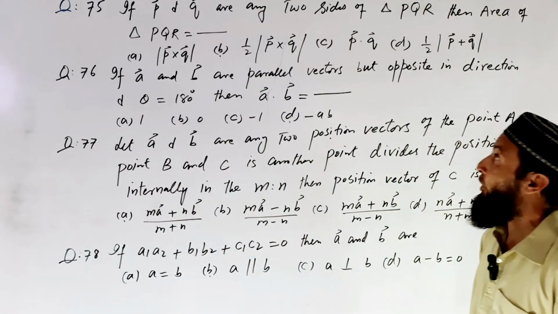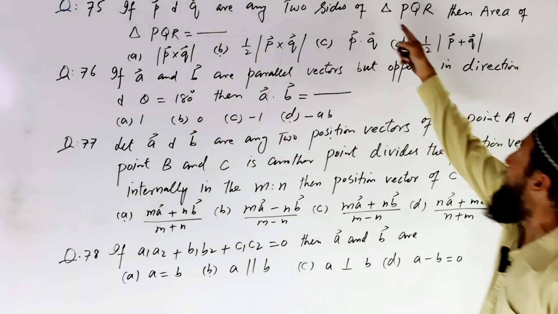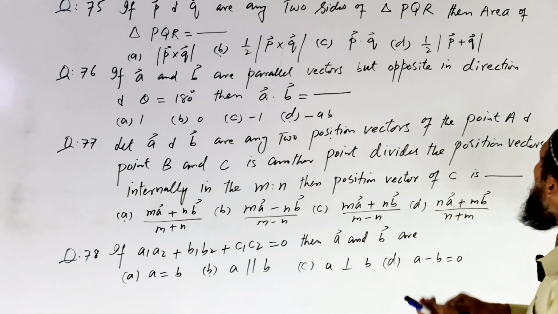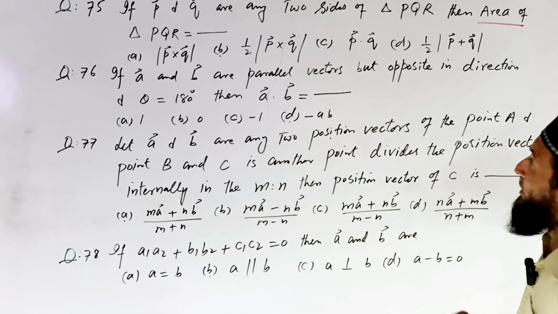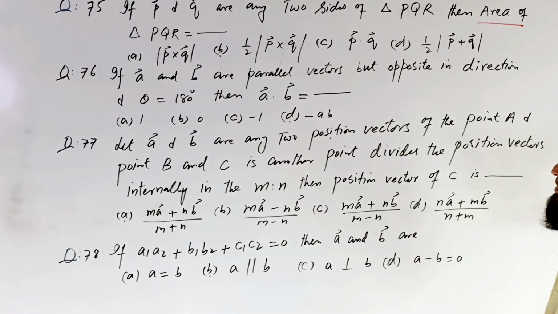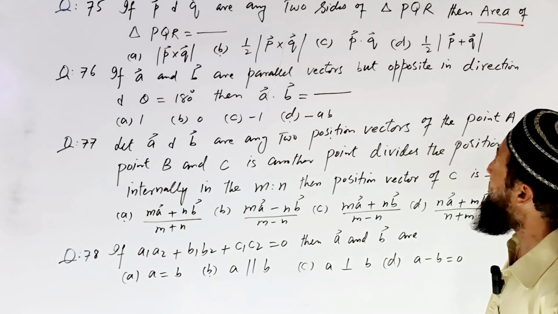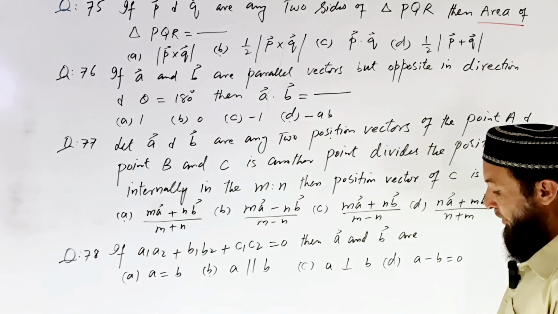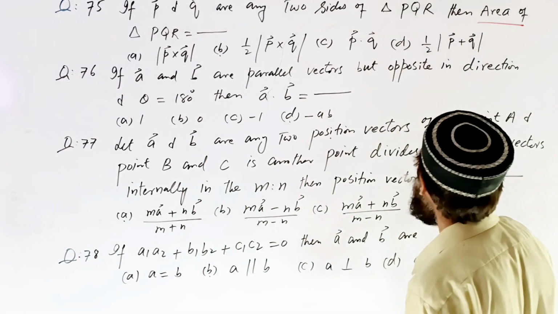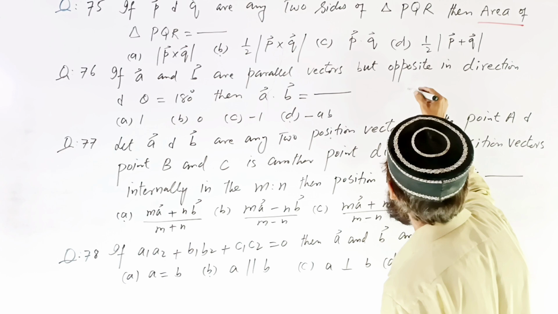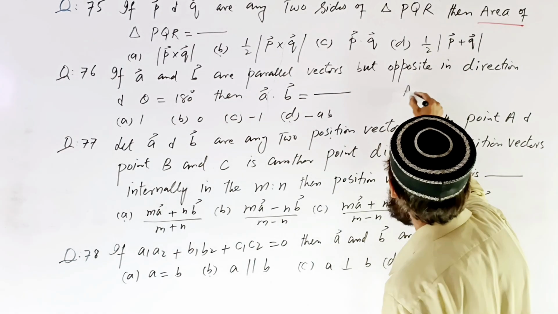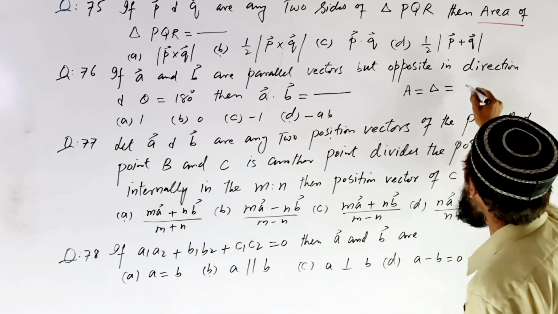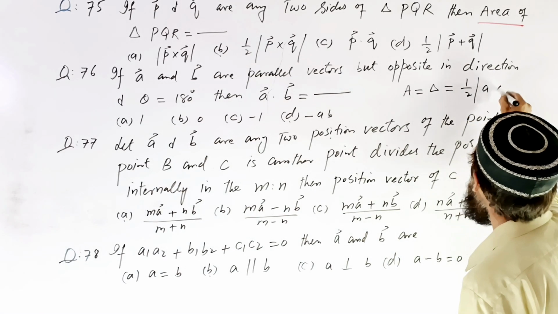Question 75: if P and Q are two sides of triangle PQR, then the area of the triangle is required. Two vectors are given and they are sides of the triangle. So we know the formula for the area of any triangle, which we can also denote by delta: 1 divided by 2, A cross B magnitude.